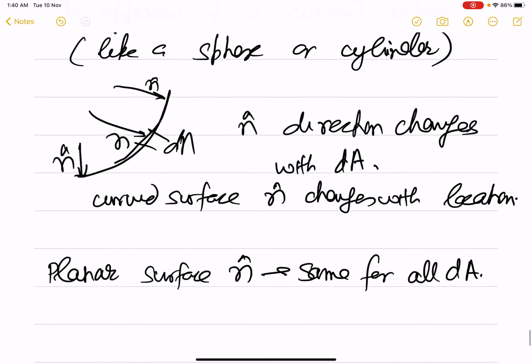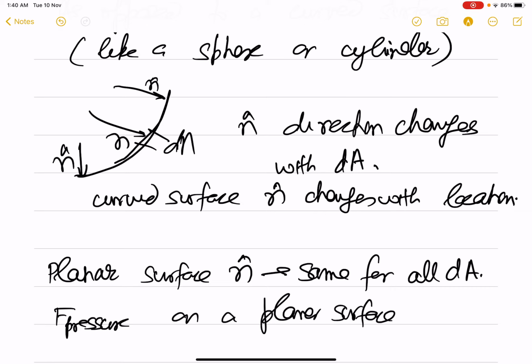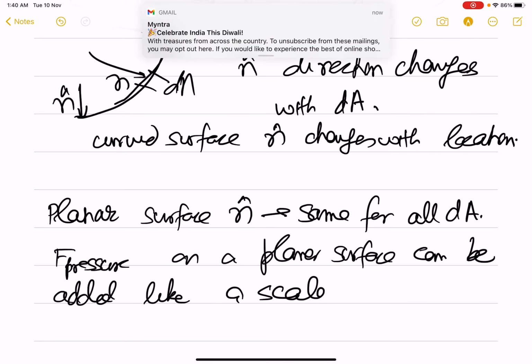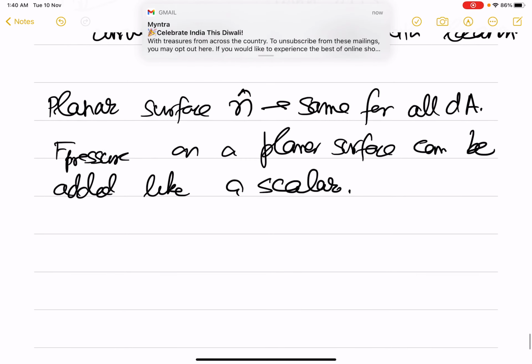So in that case, the force due to pressure on a planar surface can be added like a scalar, because at all points the force will be in the same direction.